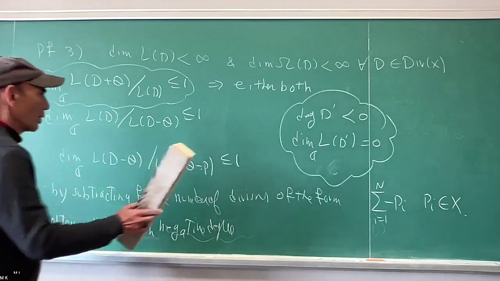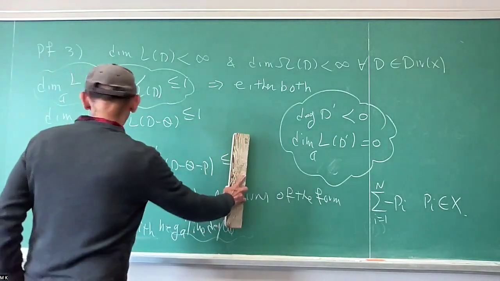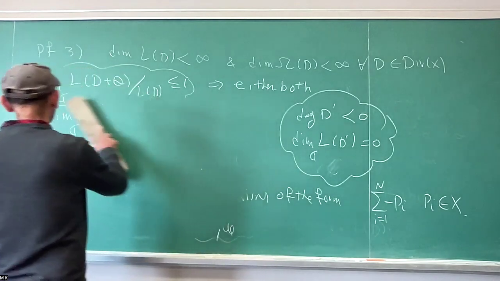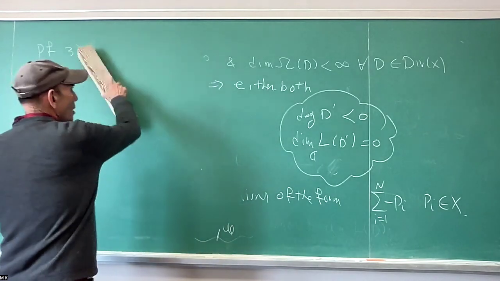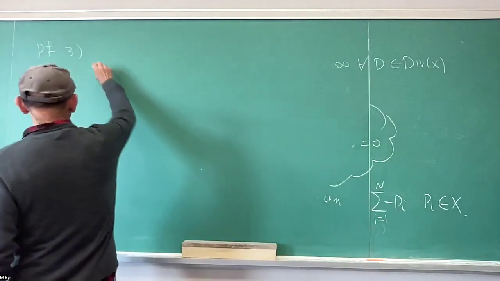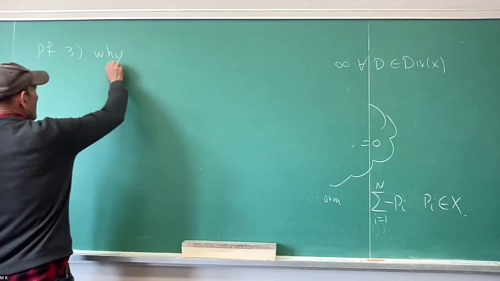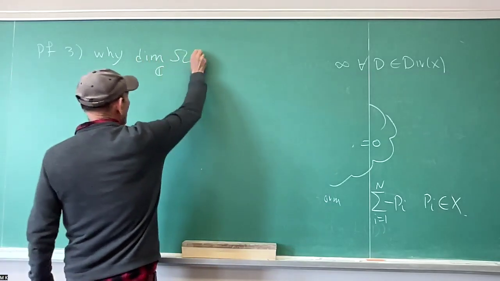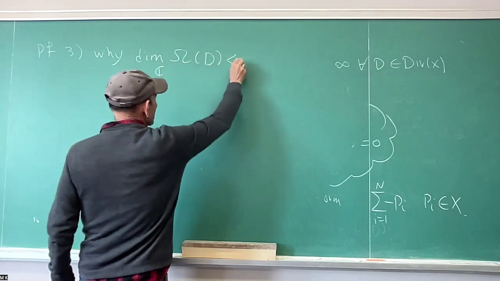That's great. So now let me look at the other one. So we have that the dimension over C of omega of D is less than infinity.